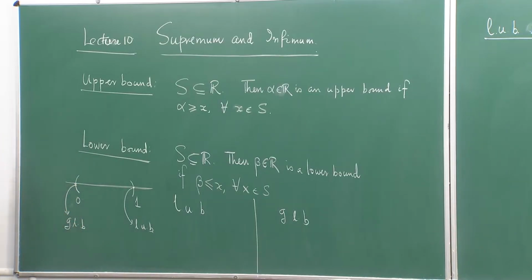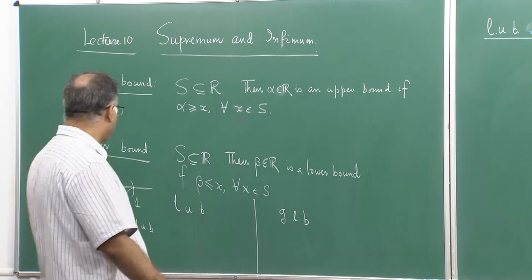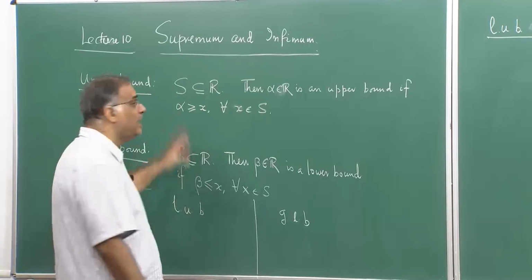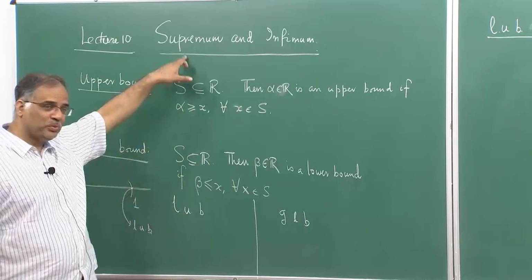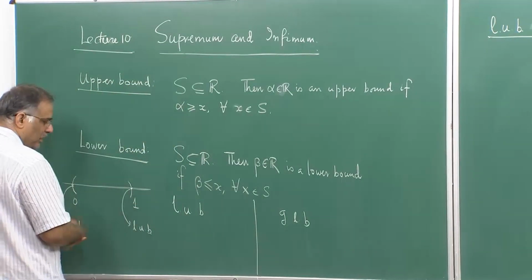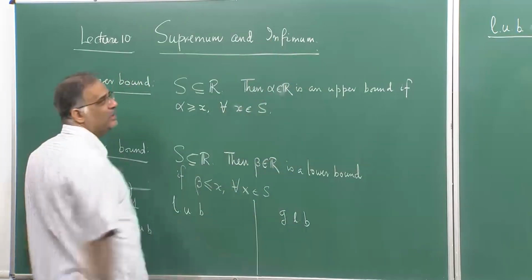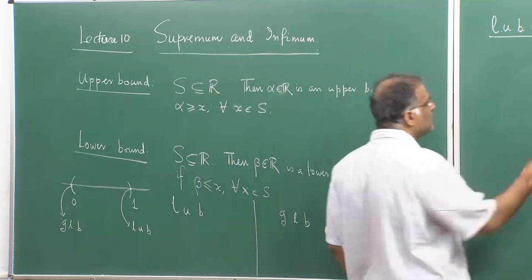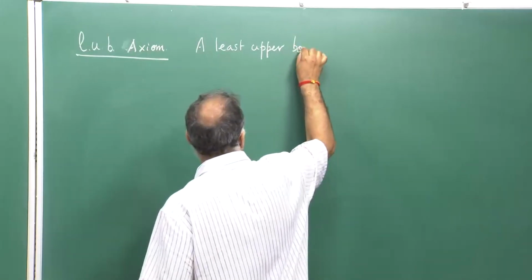A nicer looking name for LUB is supremum, and a nice looking name for GLB is infimum. Now, the LUB axiom says a least upper bound exists.